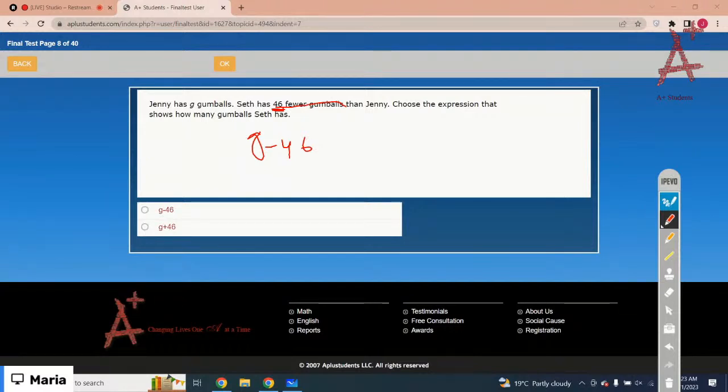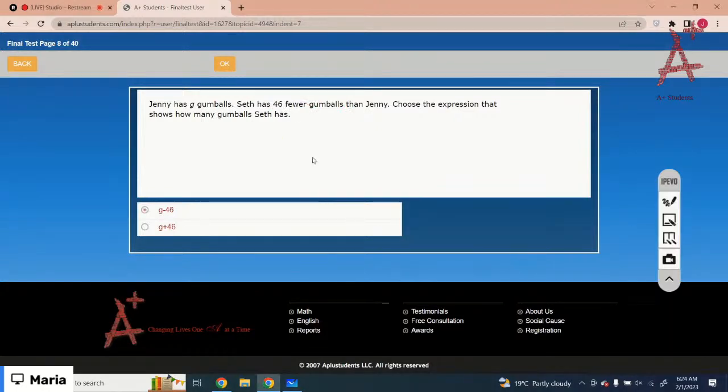Yes, that would be the first option. Just select the correct option, then click on the OK button.